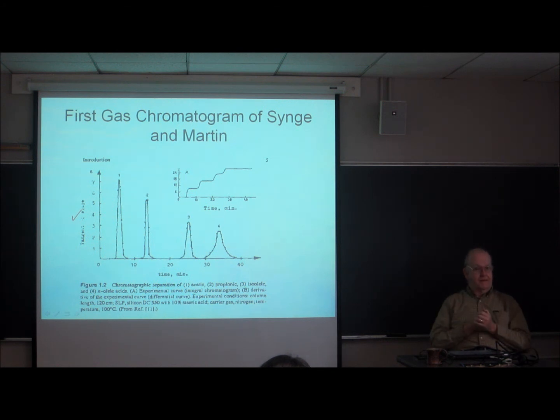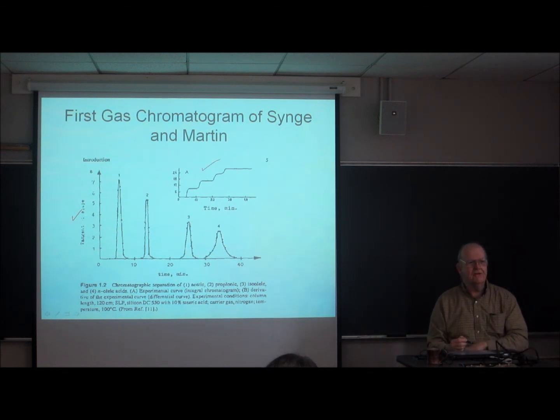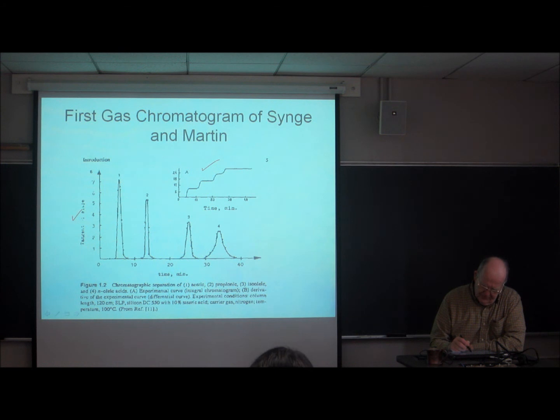So what they did is they bubbled the acids through water and they titrated. And this is the titration curve. And so this first one is acetic acid. I think this is the acetic acid. And then propionic acid, and then butyric acid, and so on.